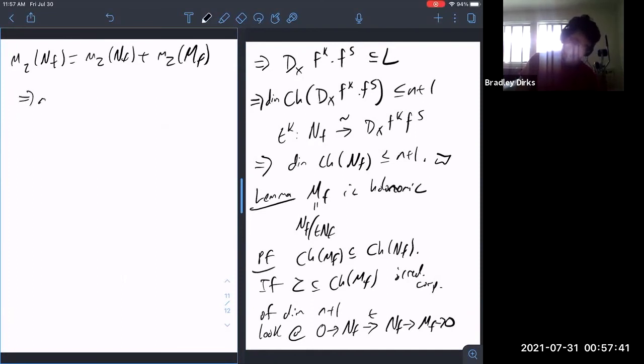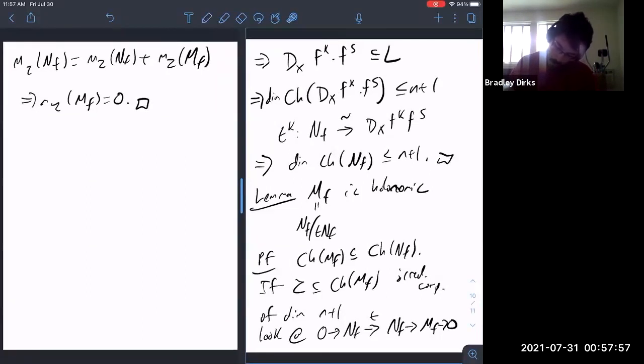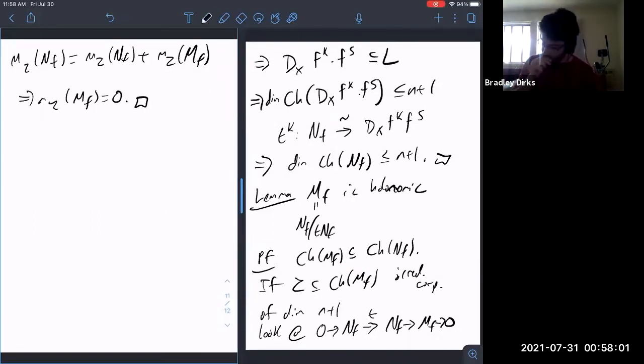But that really says m_Z M_f equals 0. So it can't have any irreducible components of dimension n plus 1. So all of its irreducible components must have dimension equal to n, so it is holonomic, because we have this upper bound here. Yeah, this forces the dimension inequality.